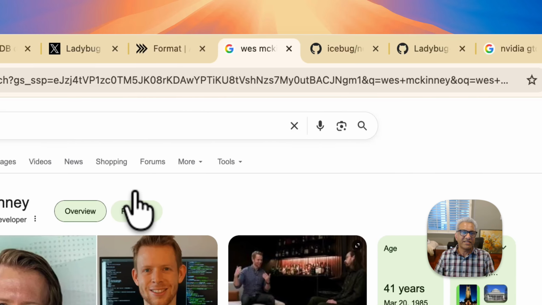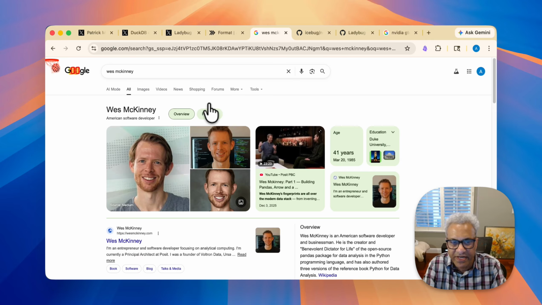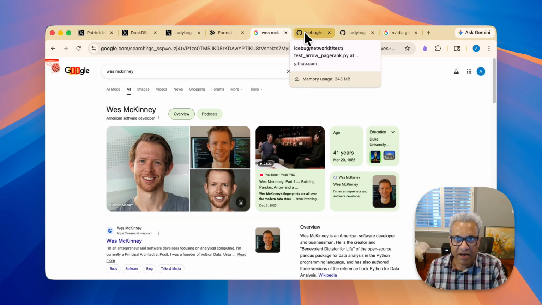Arrow was invented by this guy, Wes McKinney, about 10 years ago. He's a prolific developer. He's invented a lot of stuff, including pandas, Apache Arrow, Arrow Flight, a number of things. He came up with this idea of Apache Arrow about a decade ago, and it's in fact used quite extensively at companies like Databricks, Snowflake, anybody who is doing columnar stuff.